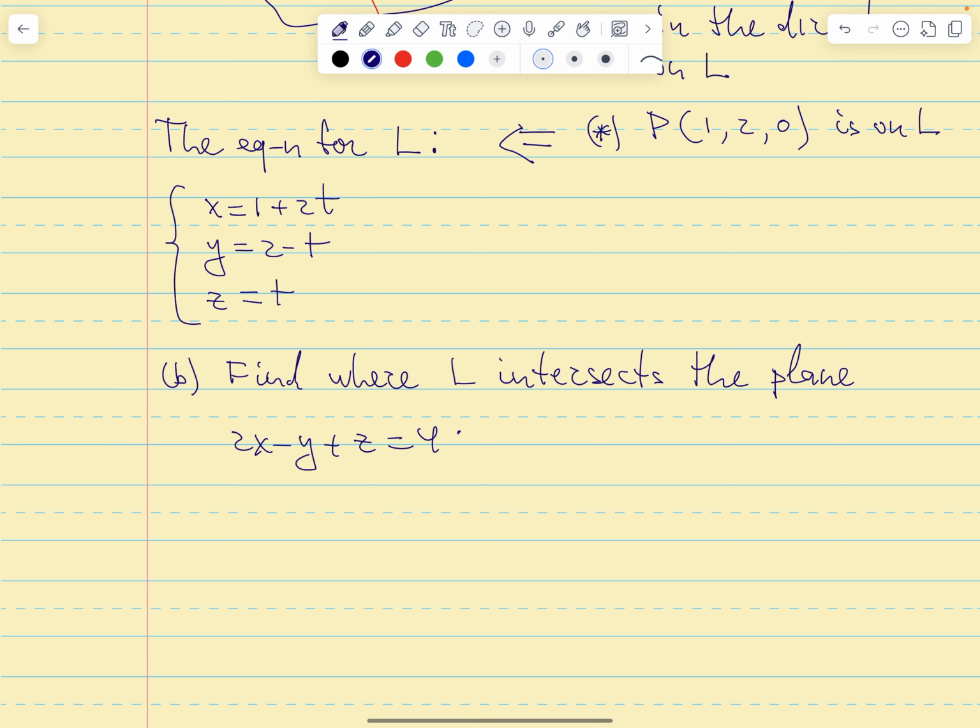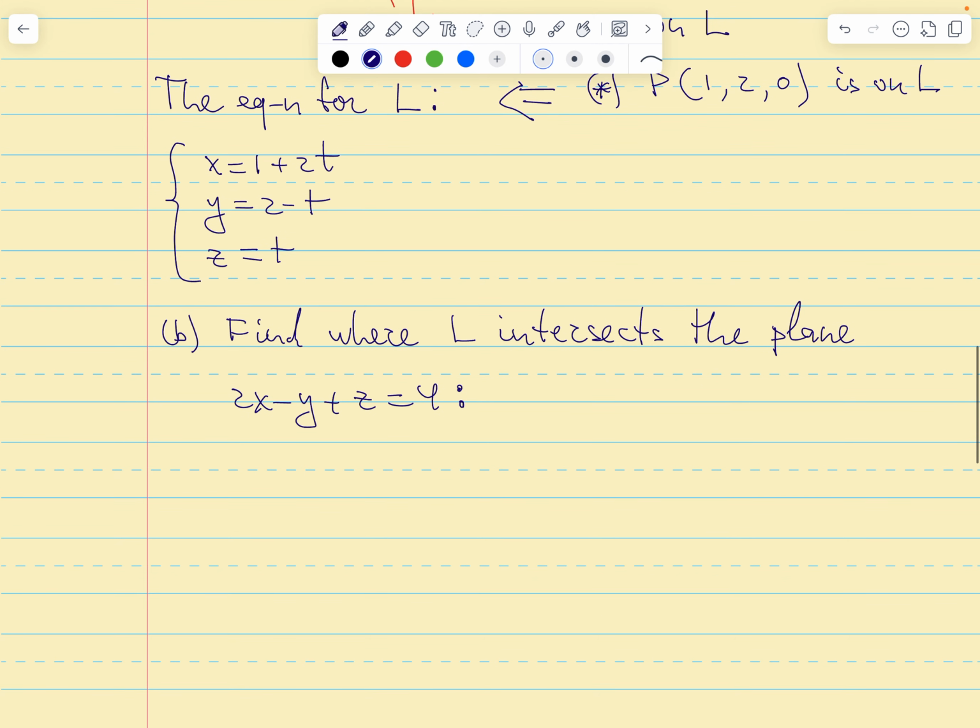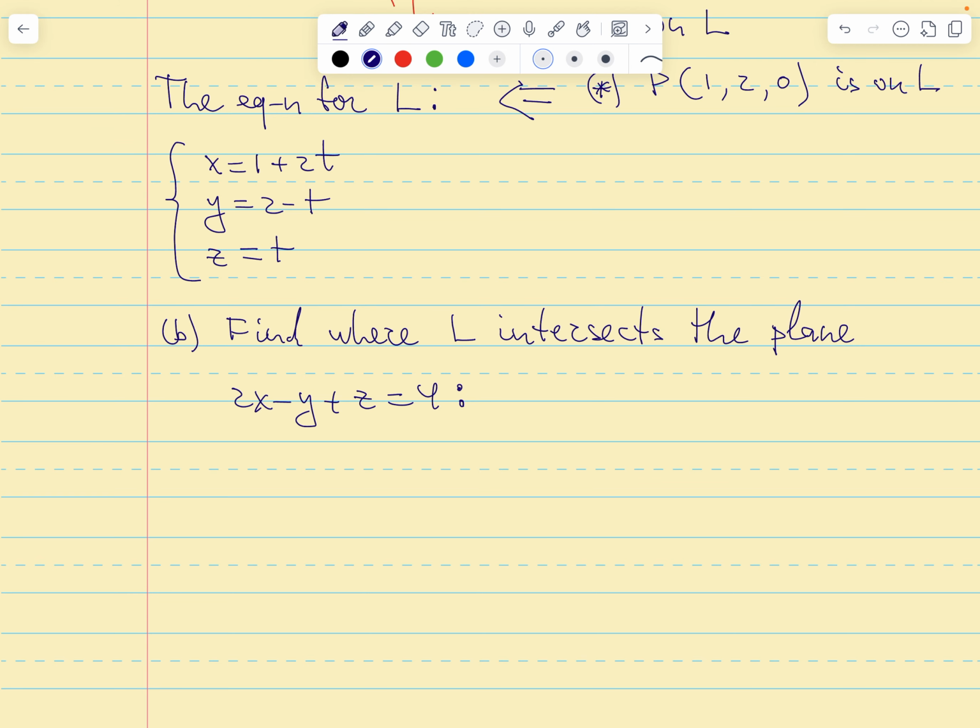And just like in the previous sub-example, I simply need to take the equation for L and plug it into the equation for my plane. So 2 times (1 plus 2t) minus (2 minus t) plus t, that is equal to 4.